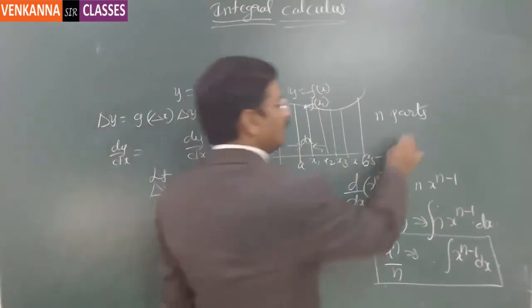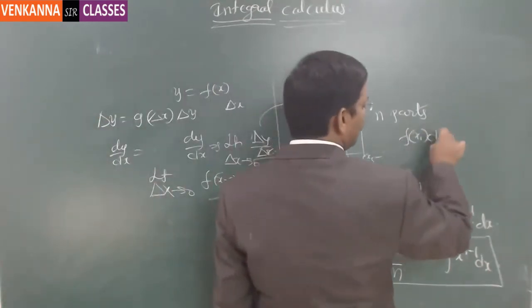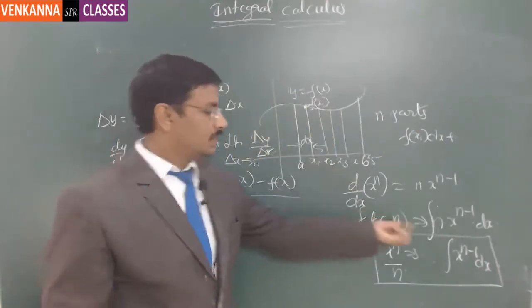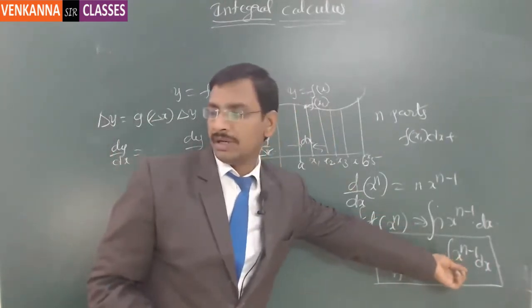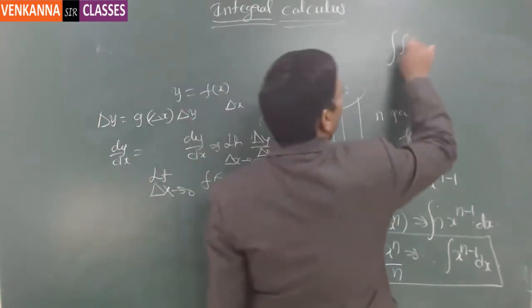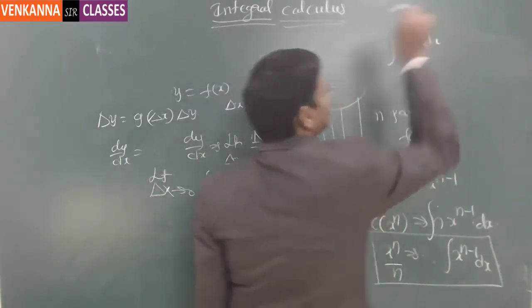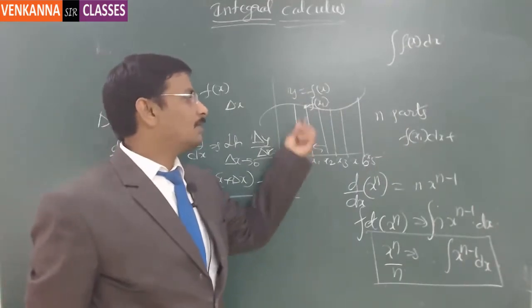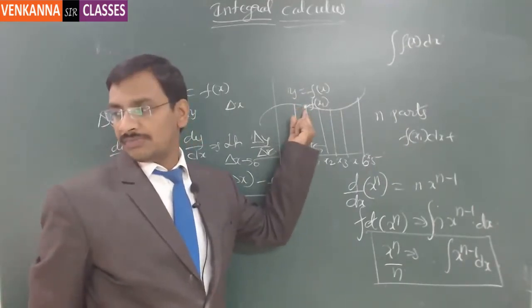That means f of x1 into dx plus, again I took the second part, f of x2 into dx. So the integral is f of x dx. For this particular function, dx is getting multiplied by the function value at this particular point.